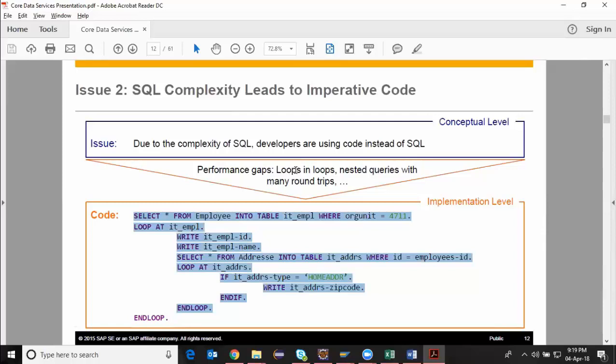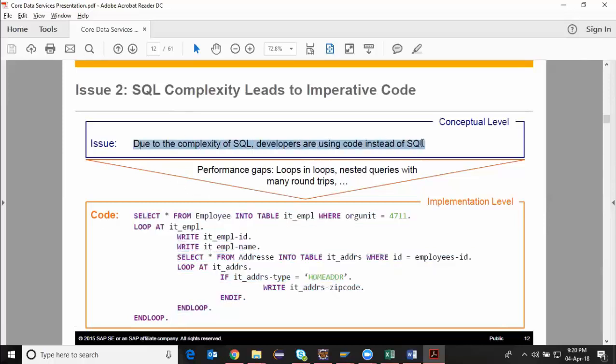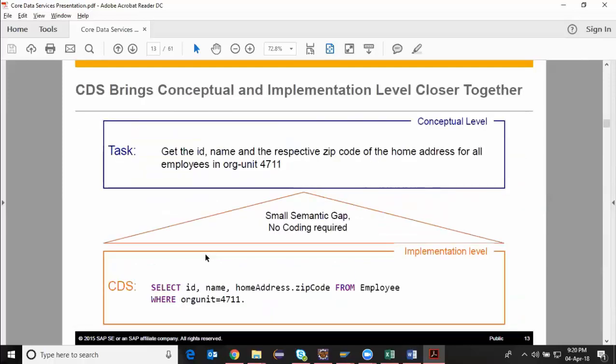I will see it as a programming language, or as a programmer you will loop through the internal table like an ABAP programmer or any other programmer, and process record by record, which is not a good thing. Your requirement might be simple, but if you write it in code, it gets bigger.